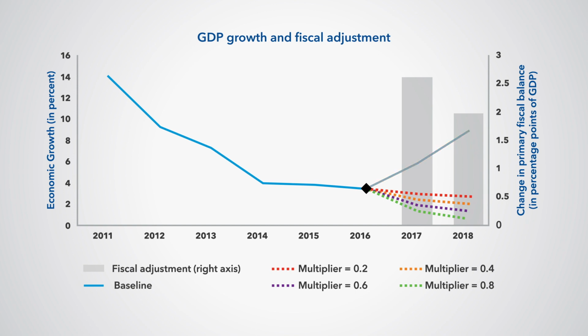This implies that if the LIC DSF were to assume a given fiscal adjustment path without acknowledging its negative short-term implications for GDP growth, the risk of debt distress would likely be underestimated. The quality of a debt sustainability analysis is only as good as the quality of its underlying assumptions.